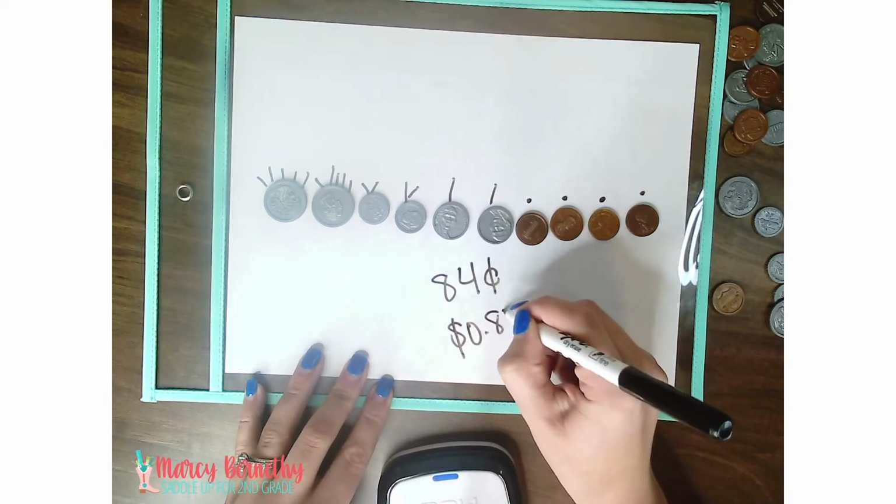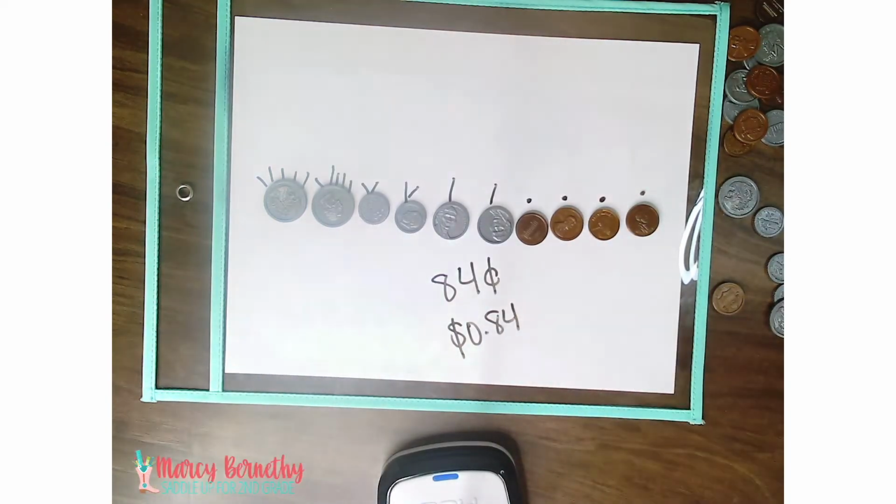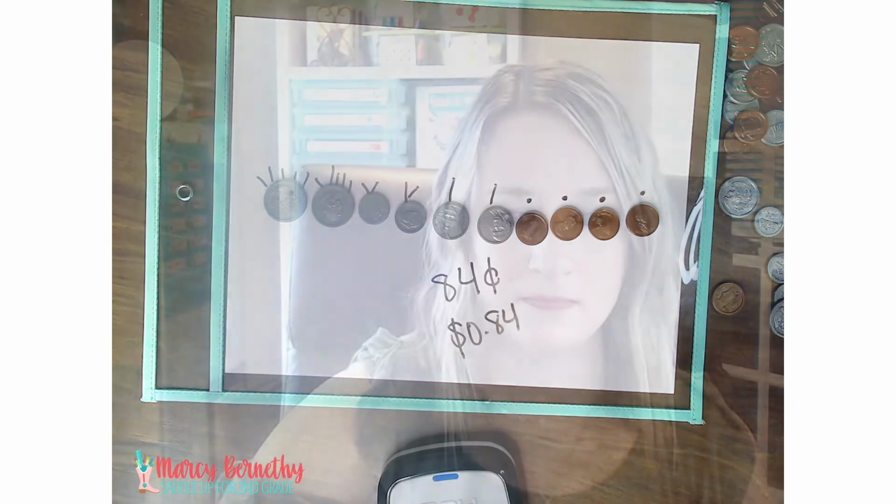What I really like about this strategy is that they can also use it with pencil and paper tasks, such as on a homework assignment or on an assessment. And eventually your kids start to mentally develop the skip counting knowledge that they need in order to count a given set of coins.